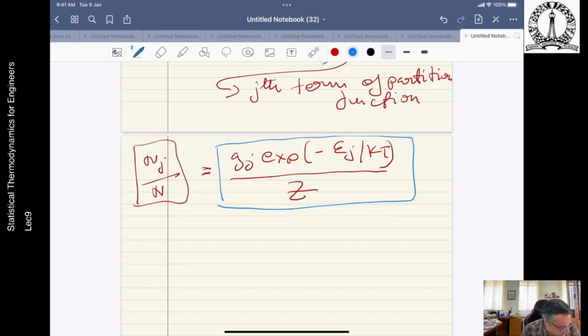Okay, now this is like a population fraction, right?